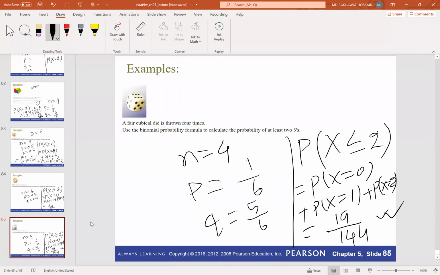This quiz will cover chapters 3 and 5. You'll have maybe 2-3 questions from chapter 3 and 2-3 questions from chapter 5. I might give you the quiz either on Thursday or Tuesday.